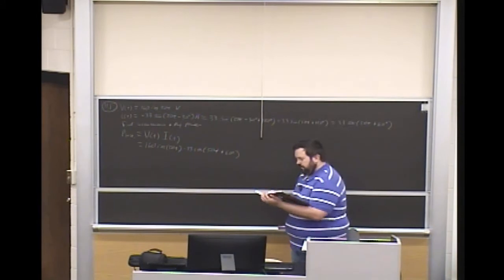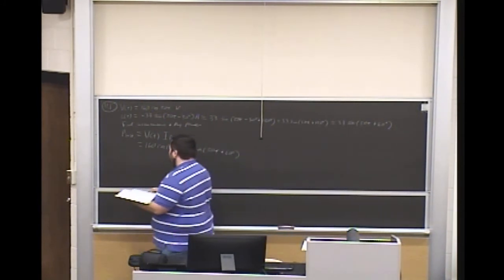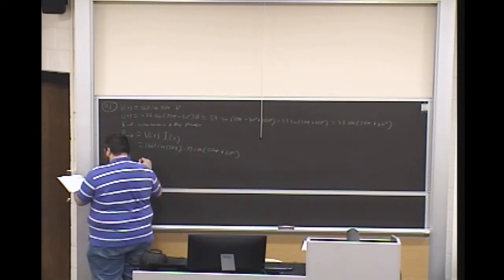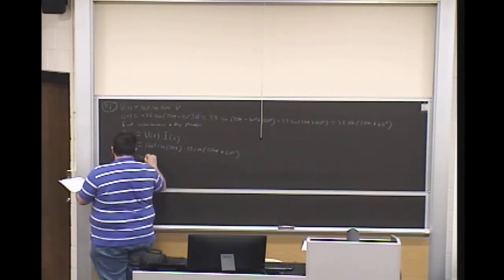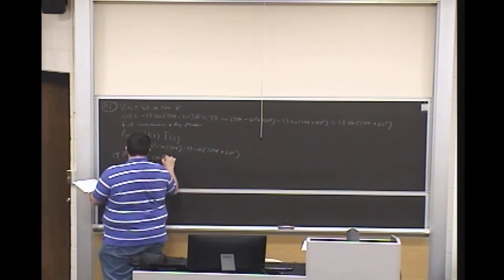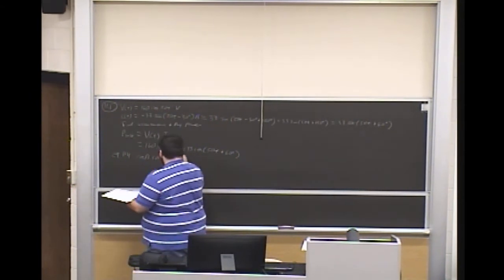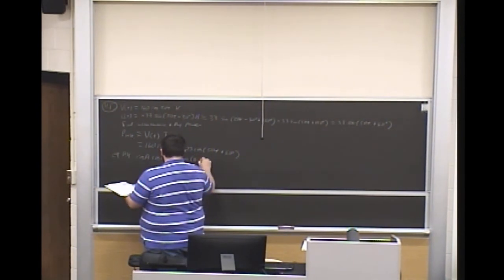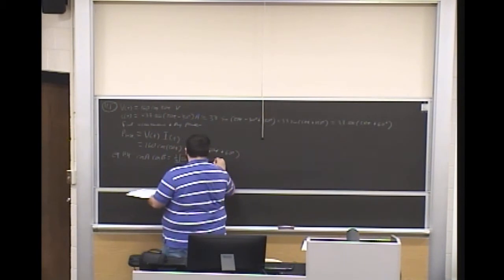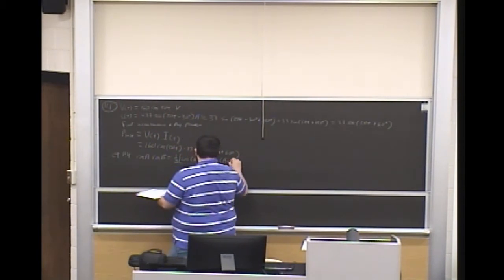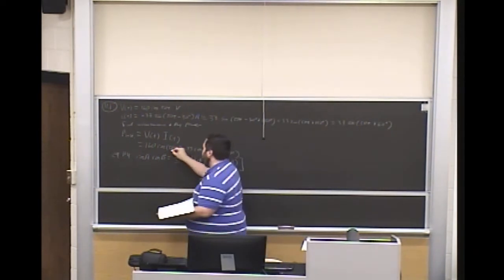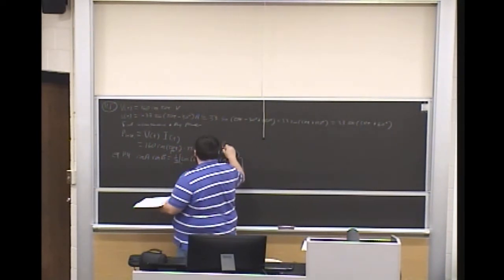Right here, equation 11.4 says if you have a cosine of A times cosine of B, that equals 1/2 times the cosine of A minus B plus the cosine of A plus B. And so in this case, we'll just call this A, and we'll call this B.